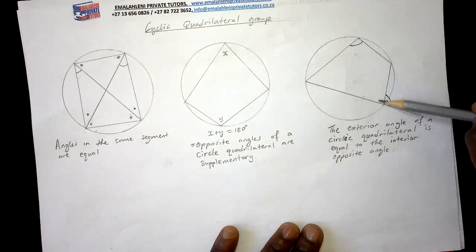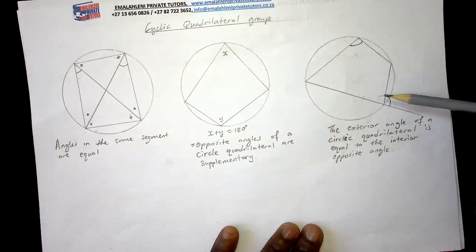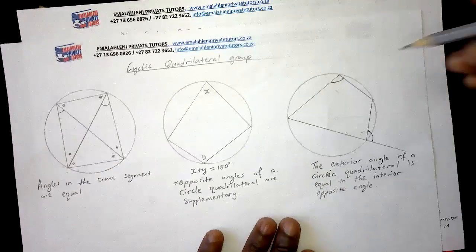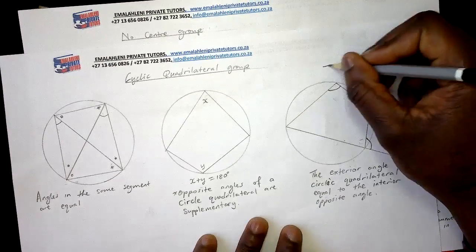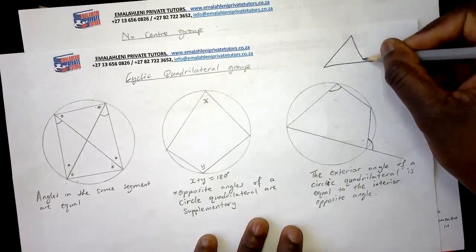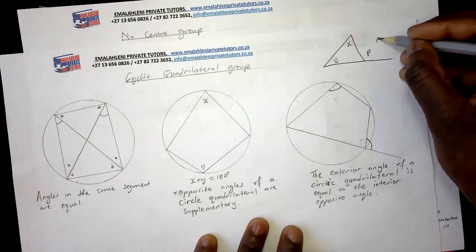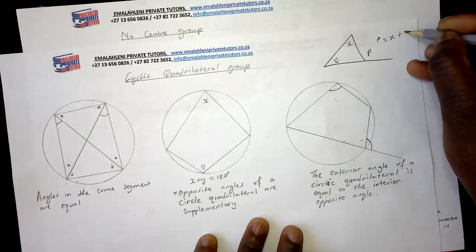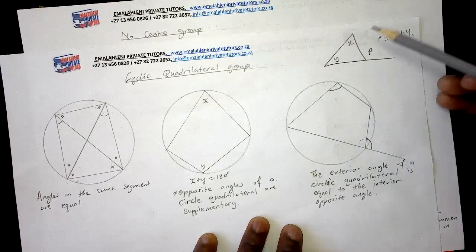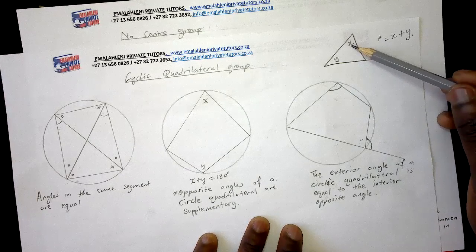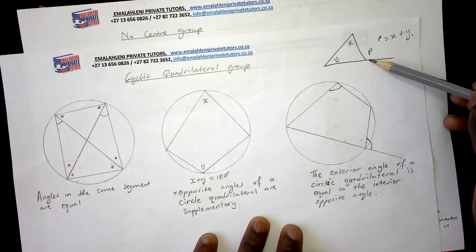So the opposite interior angle here, remember here. But this concept is just the same as the one, if you are trying to link it, that we talked about here: that P, and X and Y, saying that P is equal to X plus Y. Why is it like that? Because we know that the interior angles give us 180, and also the straight line gives us 180.